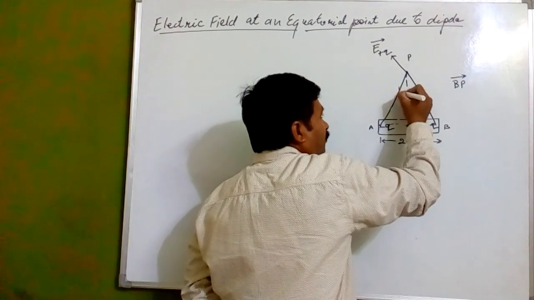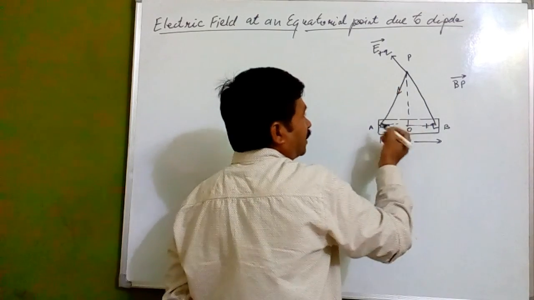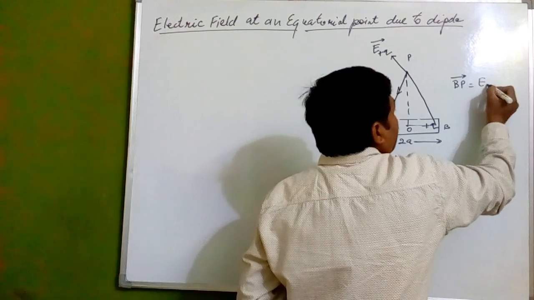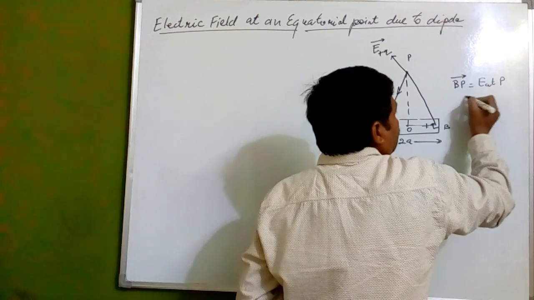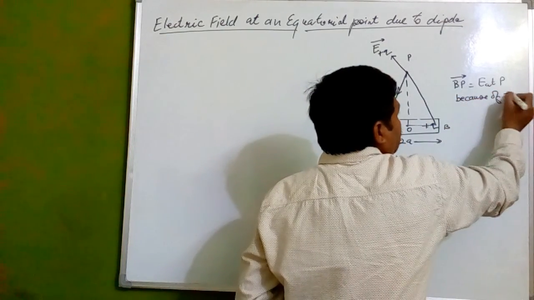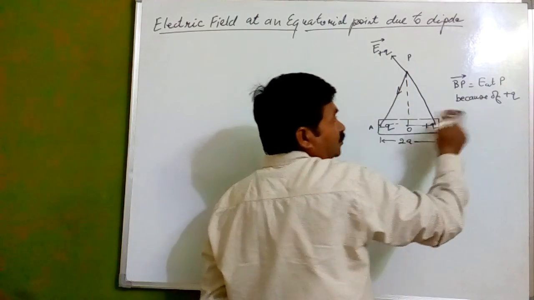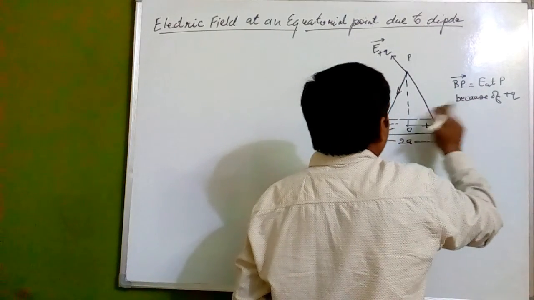So we can say the electric field at point P because of plus Q charge, which we are calling E plus Q, will be in this direction.